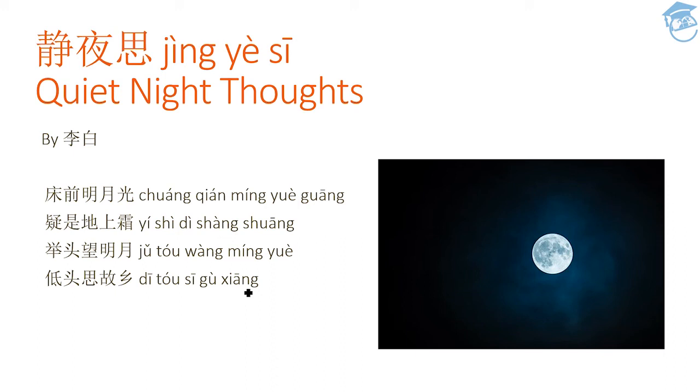And also you can see a lot of symmetry that goes into this poem. So 明月 is in the sky, 地上 is on the ground, and both are place words, and then the two actions contradict each other in the last two verses.